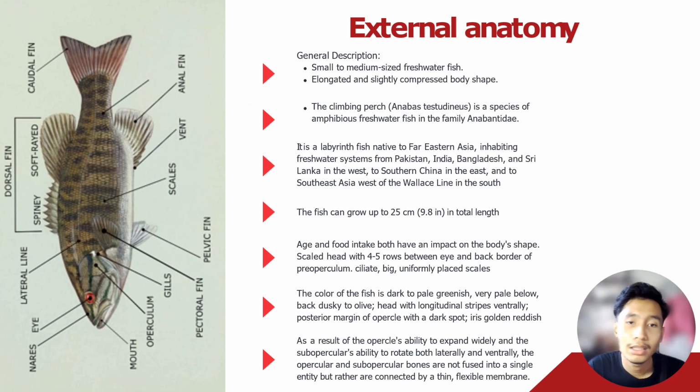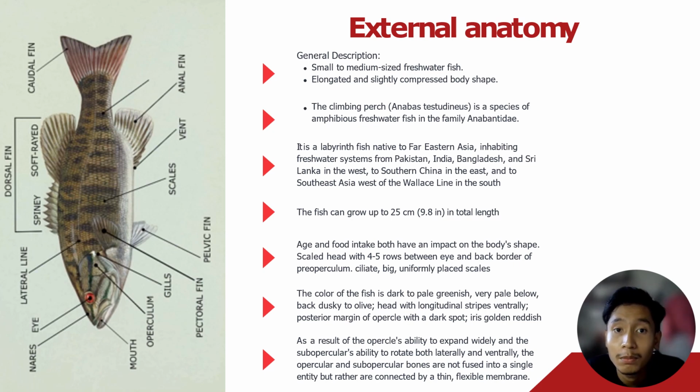Okay, we go to the next slide. External anatomy. General description. Small to medium size freshwater fish, elongated and slightly compressed body shape. The climbing perch Anabas testudinosus is a species of amphibious freshwater fish in the family Anabantidae.